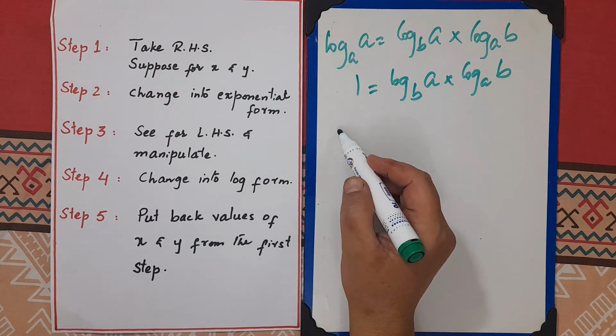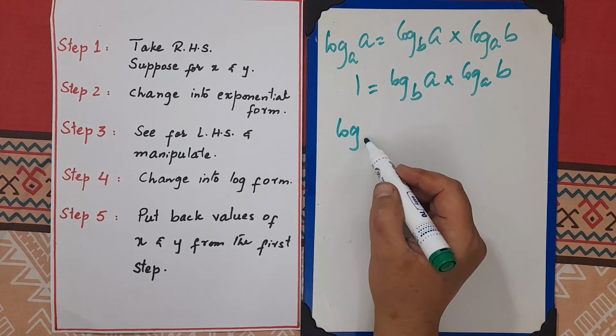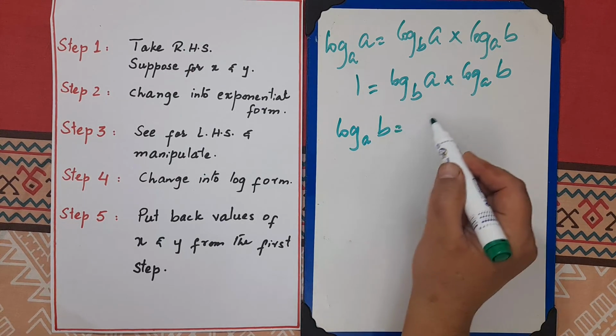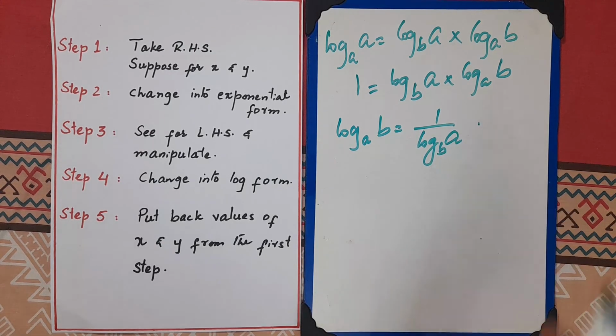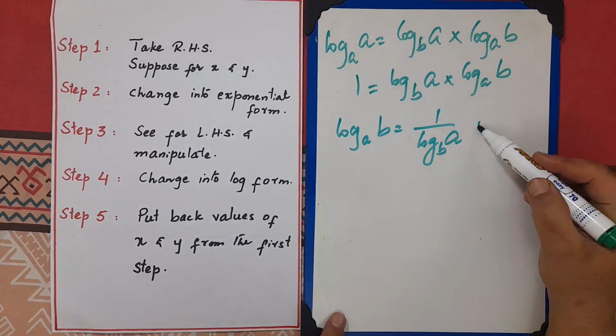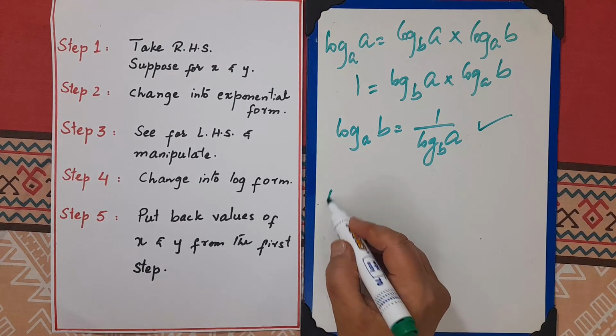So log a of b is equal to 1 upon log b of a. We are going to put this value into our basic fourth law.